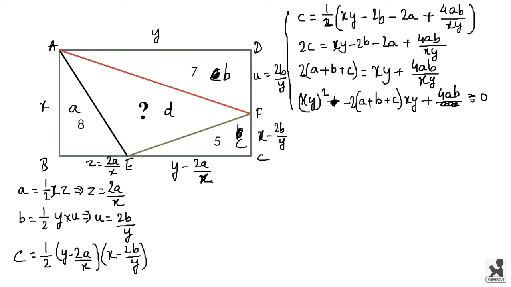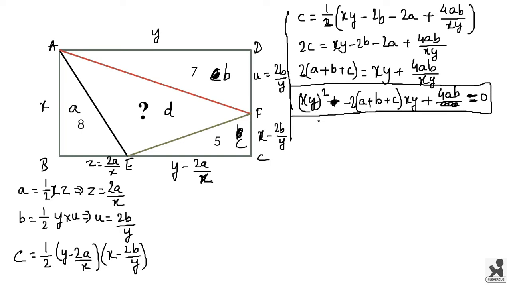What we have done, we have taken LCM and took the xy to the other side, and again we have combined all these terms on one side so that we get this equation equal to 0. Now if you observe, this equation is a quadratic expression in terms of xy.